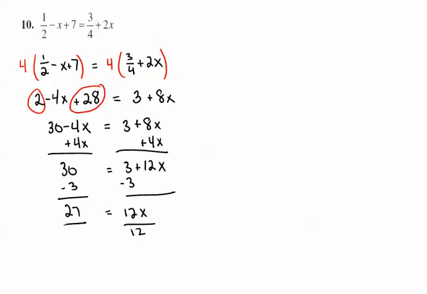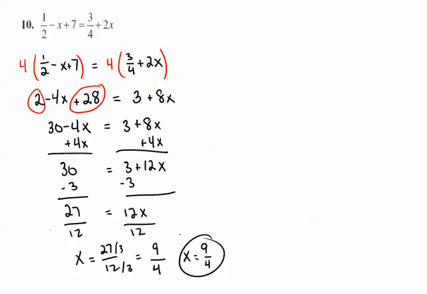Divide both sides by 12. X is equal to 27 over 12. Now both of these numbers can be divided by 3. And so we end up with 9 over 4. X equals 9 over 4 will be our solution to problem number 10.